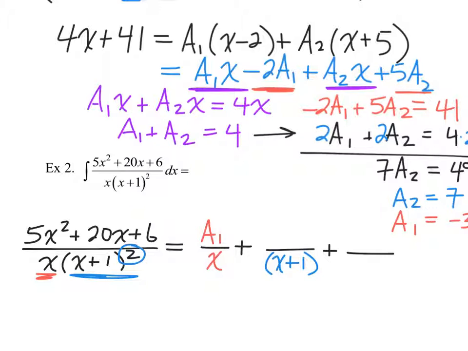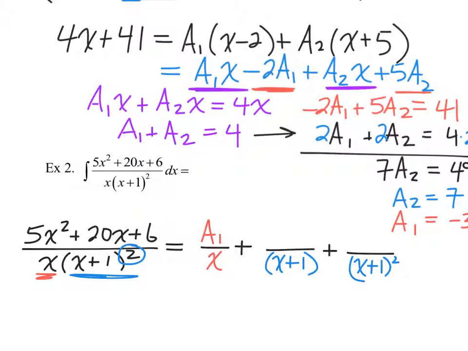And then I'm going to add to that x plus 1 squared. If this were raised to the 10th power, you would have x plus 1 to the third, to the fourth, all the way up to the 10th. That's all that fancy notation up above means.